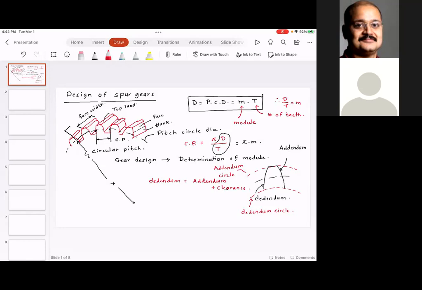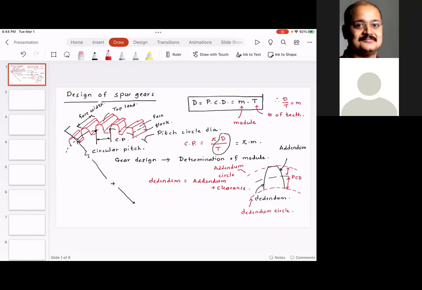Which means that the distance, this is very important, from the pitch circle diameter to the bottom is greater than the distance from the top. So this distance is addendum and this distance is dedendum. So top is addendum, bottom is dedendum.